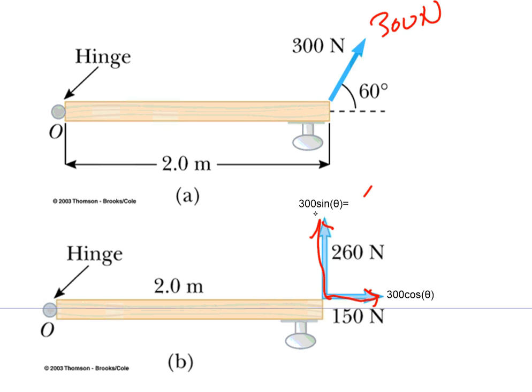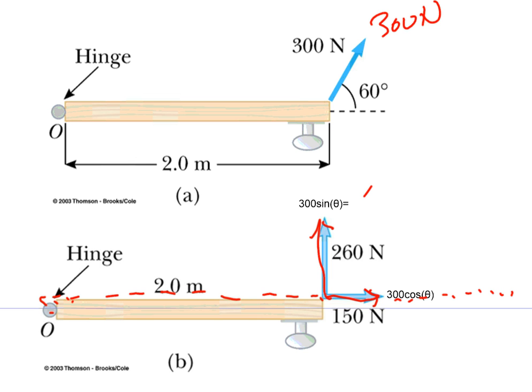The pull up is 300 sine of 60, which is 260, and the pull to the right is 300 cosine of 60, which is 150 newtons. So basically, we just replace these two forces, but this 150 newton force exerts no torque because it has no moment arm. It goes right through the axis of rotation.